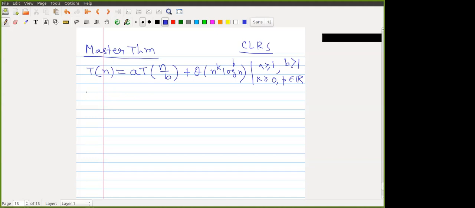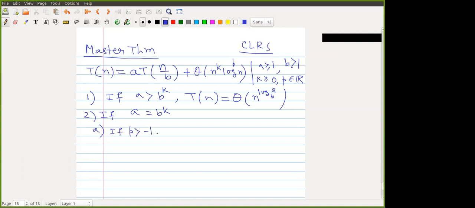Then in condition 1, if a is greater than b to the power k, then T(n) is theta of n to the power log a base b.